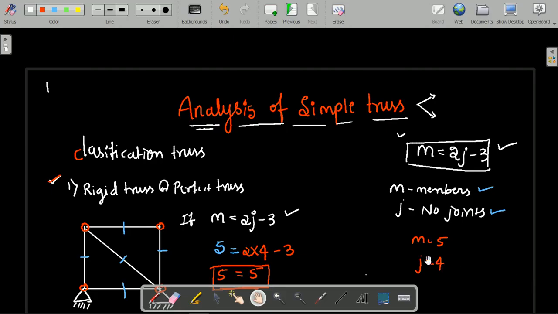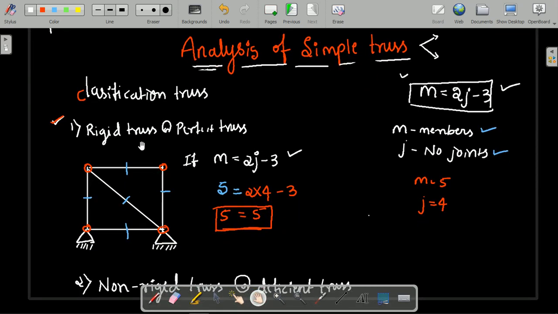Classification of the trusses. In that, the first classification I have discussed in detail. A rigid truss is nothing but whatever number of members, it is not that you only need to provide 5 members or 4 members; it may be based on the requirement.